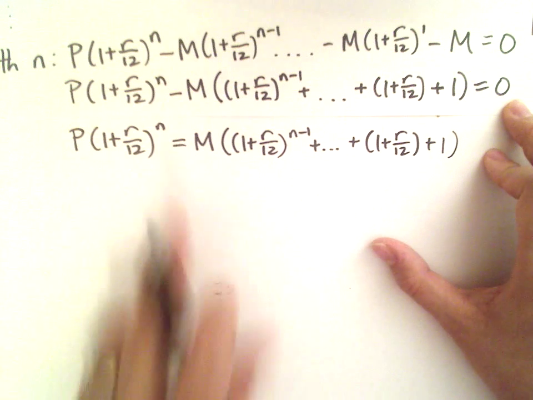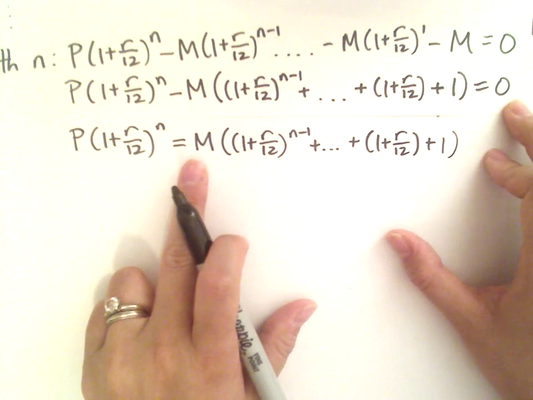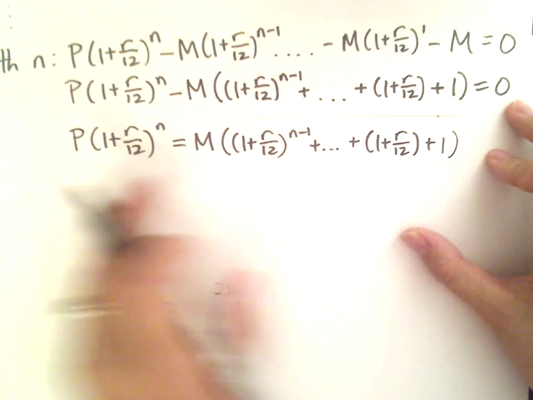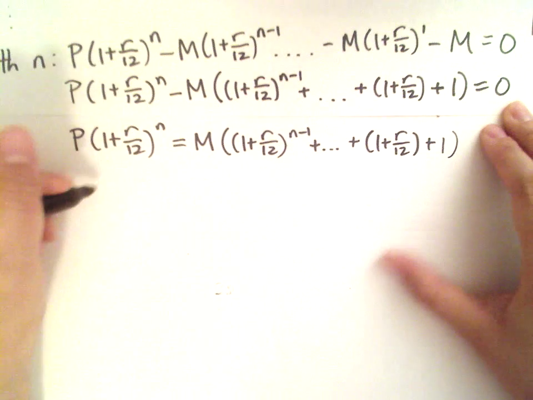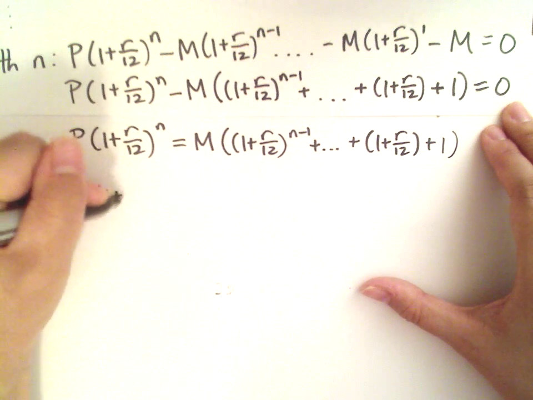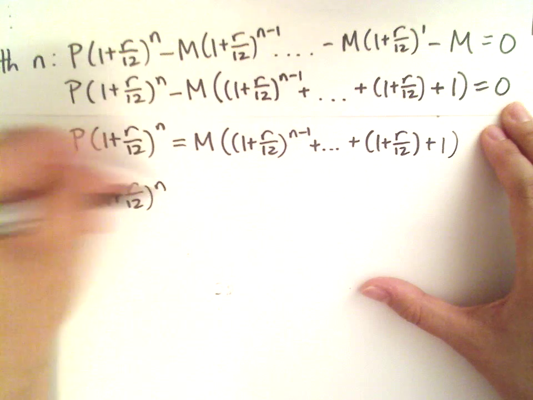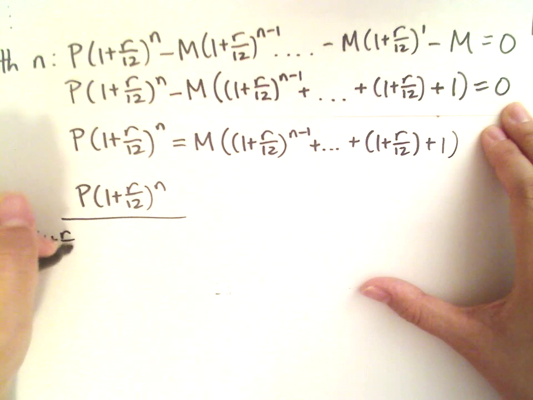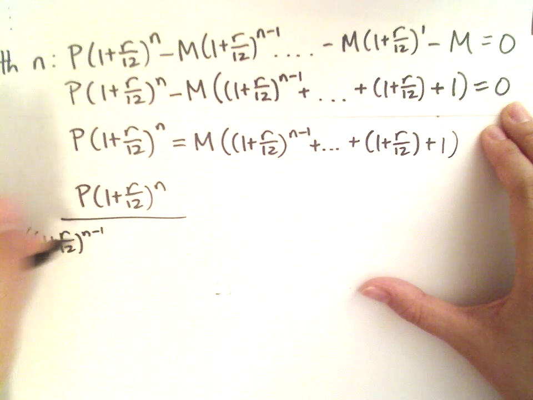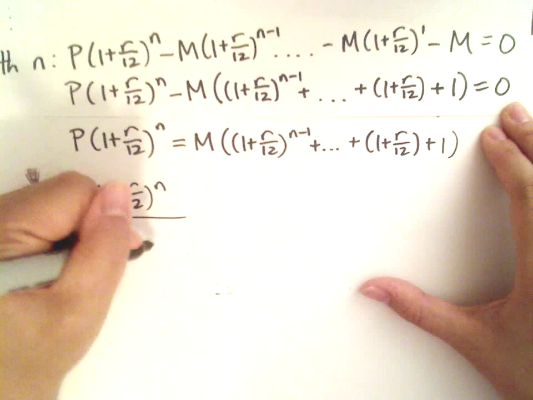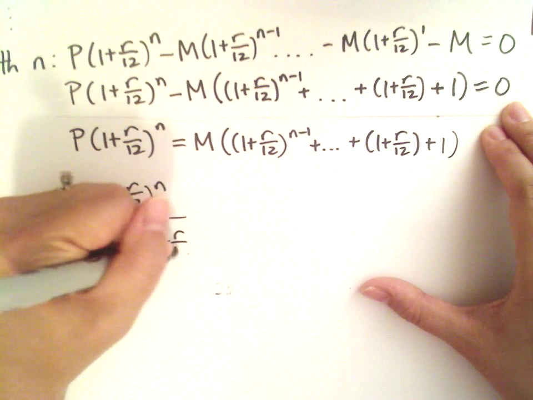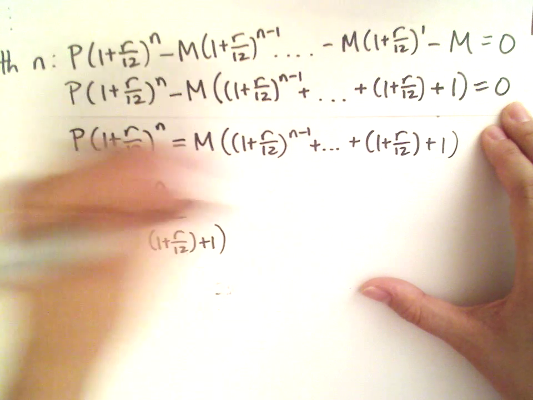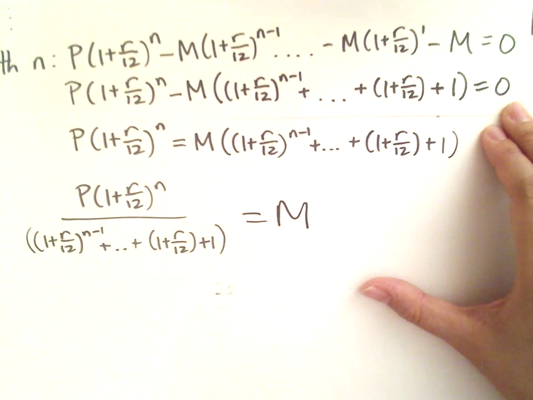And then to solve for m, all we have to do now is divide by the sum on both sides. So then this is going to be p times 1 plus r over 12 to the nth power divided by that whole thing, 1 plus r over 12 to the n minus 1 plus dot dot dot plus 1 plus r over 12 plus 1, and that's going to equal m.